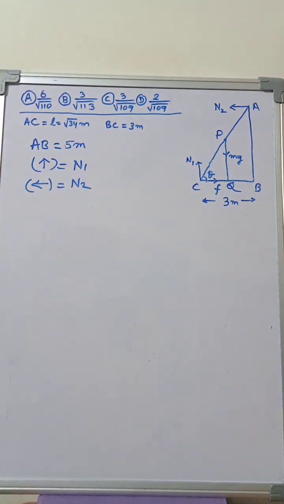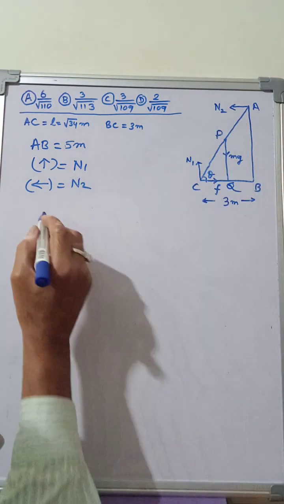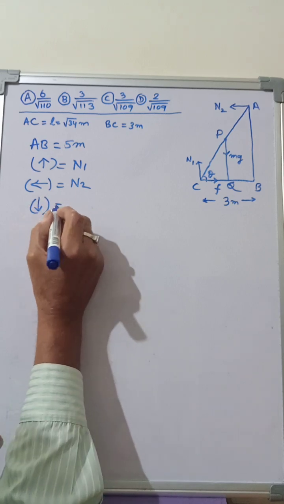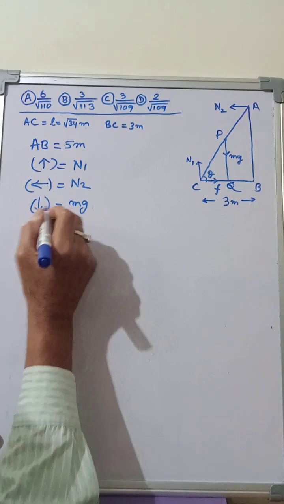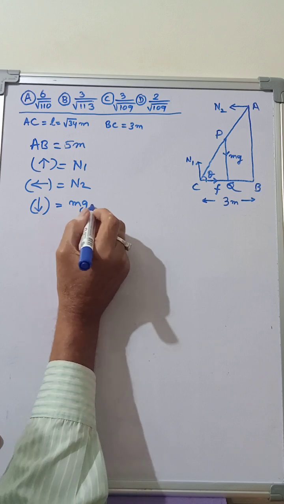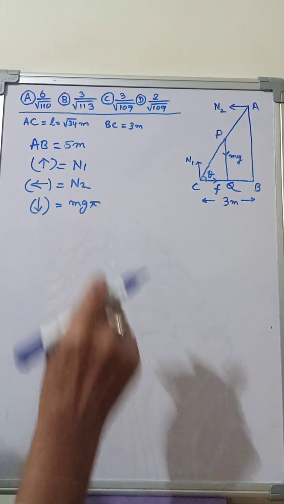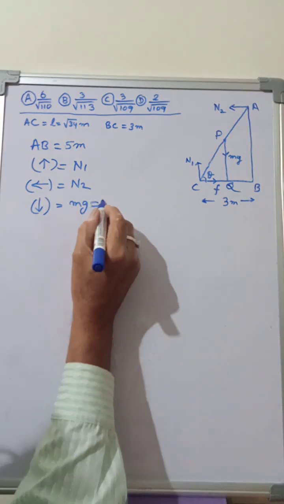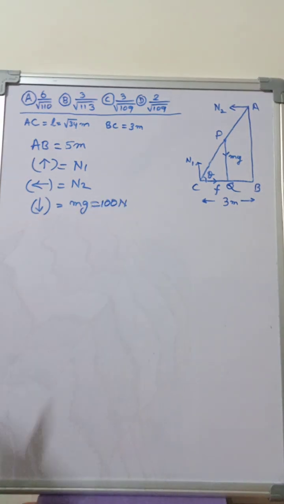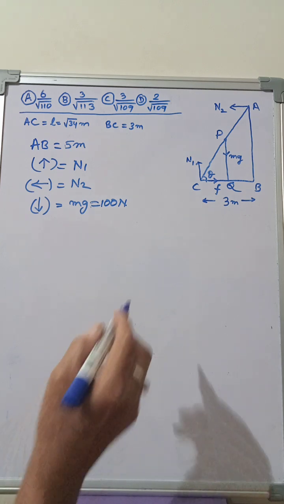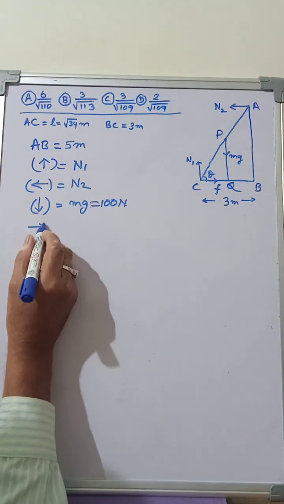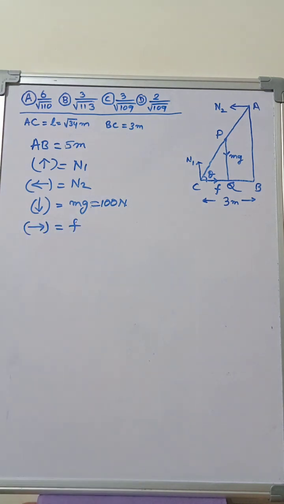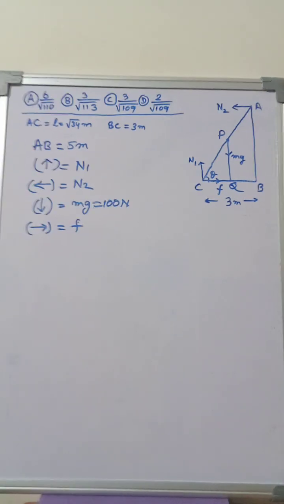And the weight is downwards, equal to mg, which is equal to 10 into 10, therefore equal to 100 newtons. And force of friction is acting towards right. So these are the forces acting on the ladder.